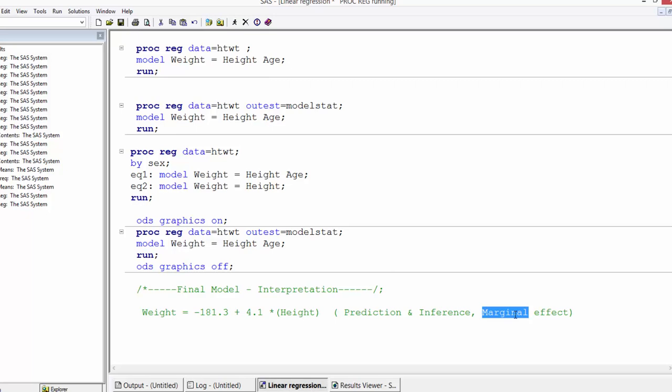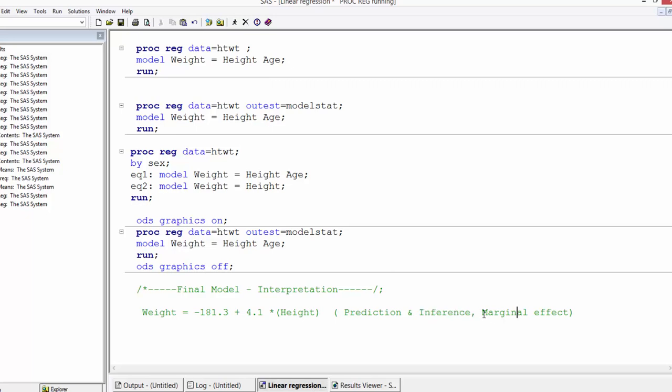Inference is just that you try to find out whether the dependent variable is related to the independent variable significantly or not, and if significantly, whether in a negative way or in a positive way. If the independent variable increases, whether it has a negative impact or a positive impact, you can find that out from this linear regression model, and that is broadly known as inference.